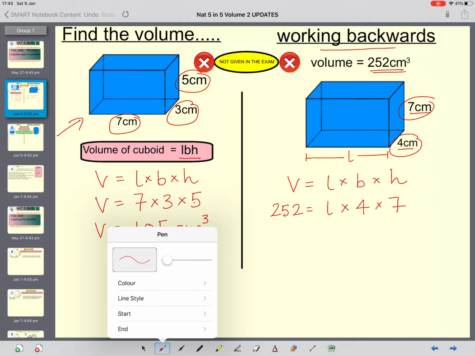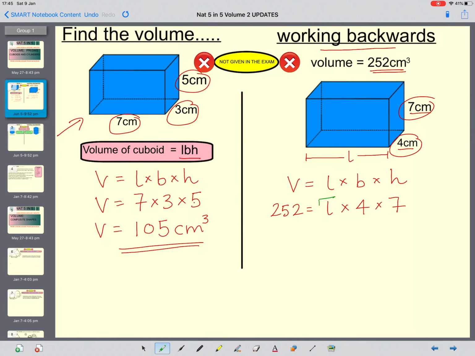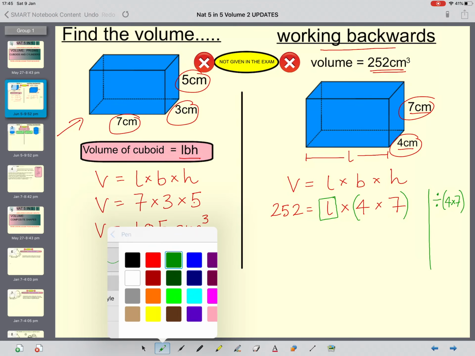Now what you want to do is get L all by itself. You're working out what L is. You want to make L the subject of the formula. At the moment, L is being multiplied by 4 and by 7. So you have to undo multiply by 4 and multiply by 7, and you do that by dividing by 4 and 7. So I can divide by 4 multiplied by 7, and I'm going to do that on the other side.